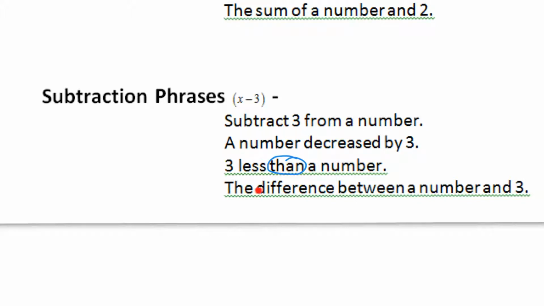And the last one is the difference between a number and 3. And difference means subtraction. And that's what you guys have to go back and look at the chart that I give you guys with the different words that represent each operation in mathematics. And there's only 4 operations: adding, subtracting, multiplying, dividing, that you guys need to know.